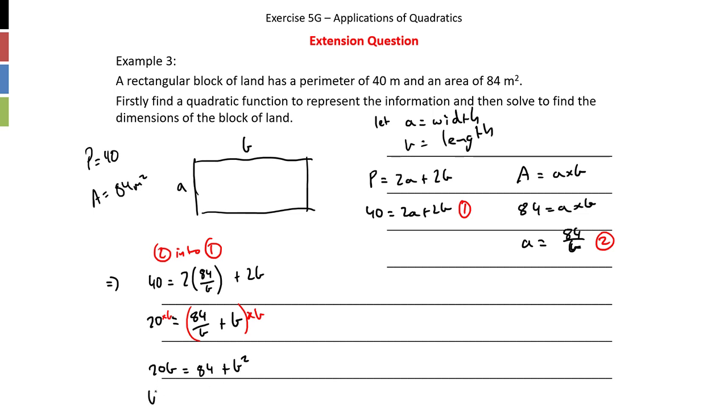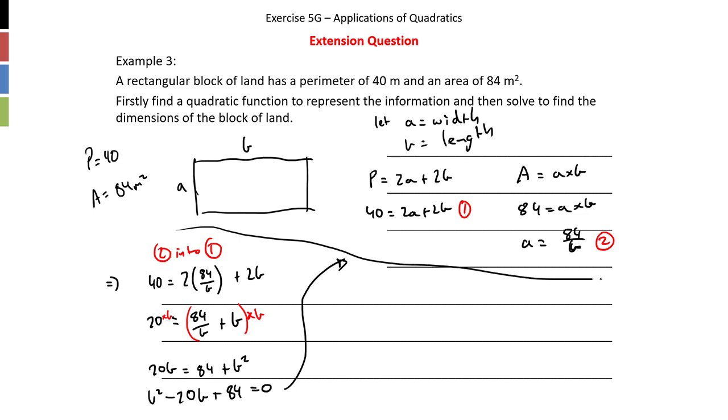Then turn this into b squared minus 20b plus 84 equals 0. There we go. We now have a quadratic. That's all that work was, just to get the quadratic. We haven't factorized it yet. We haven't solved it yet. So let's get going with that.